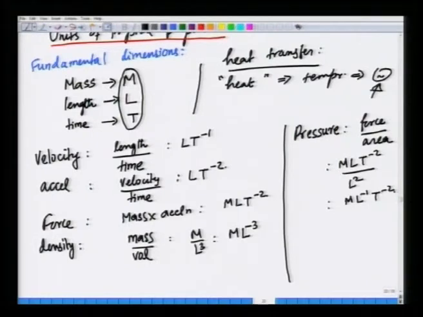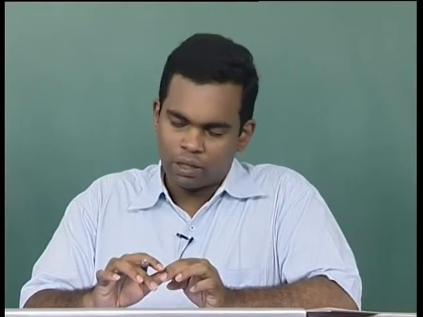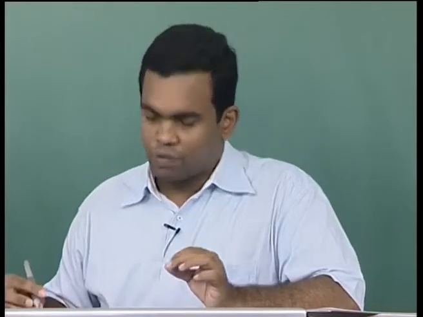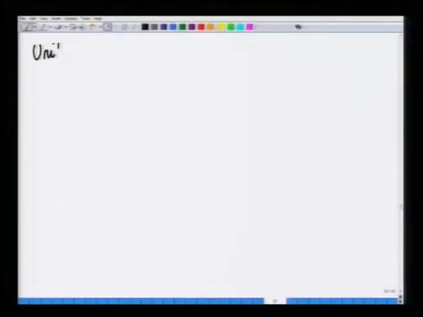So, these dimensions are fundamentally ascribed to all physical quantities. These are very unique, but units are human constructs. Whenever you measure a physical quantity, you have to accept a convention. For example, if you measure length, you will have to use meters or centimeters or feet or whatever you want.